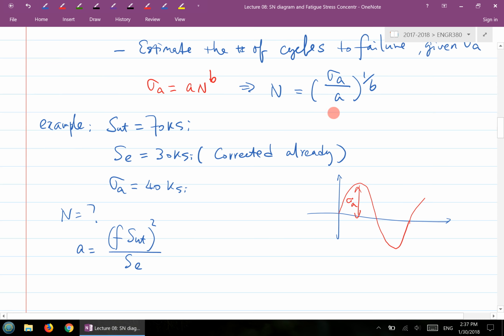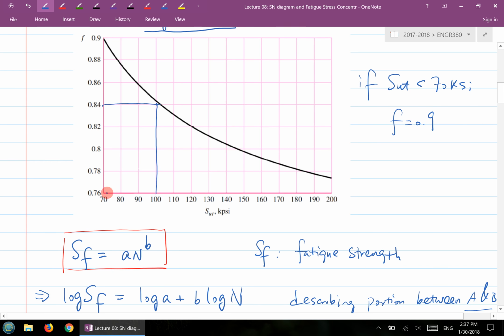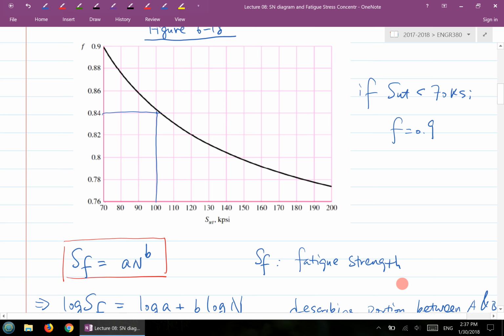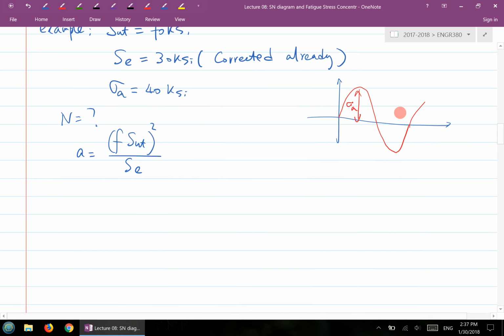SUT is 70 KSI, and F equals 0.9, from figure 6-18. SUT is given, SE is given.